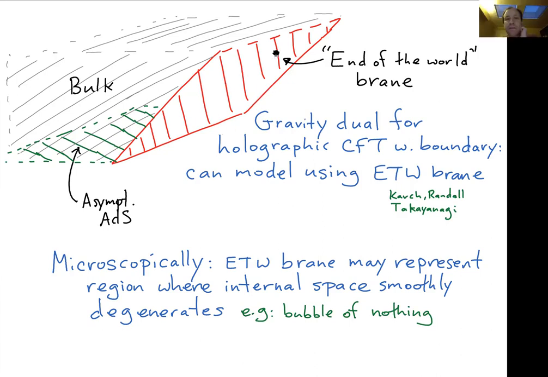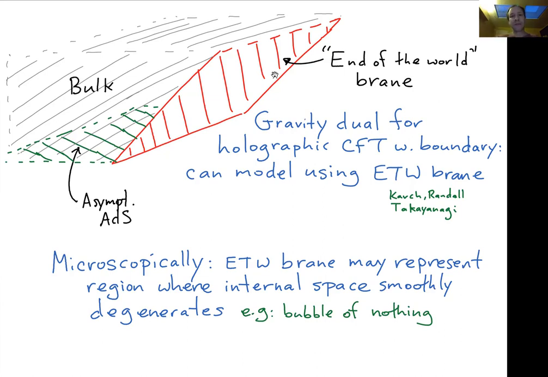I think if you fix the state, then there is a bulk geometry in the usual way. These are just some solution of type IIB supergravity, for example. But it is an important point that this end of the world brane is a dynamical object.